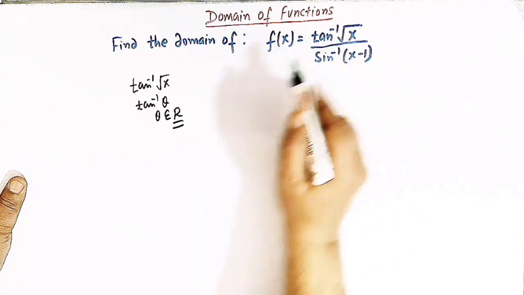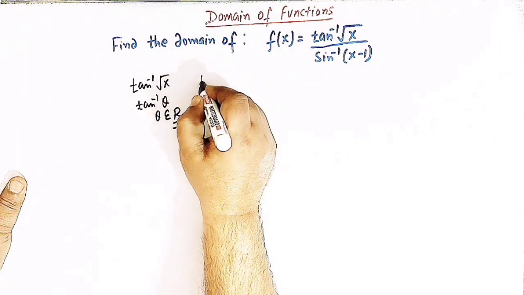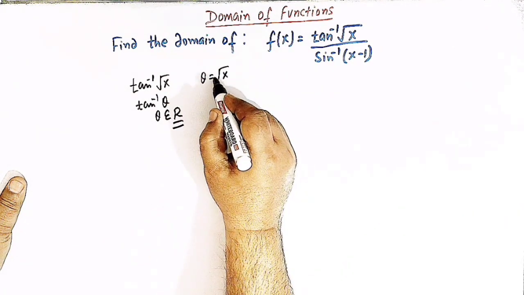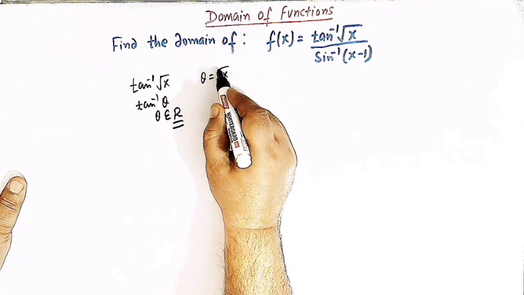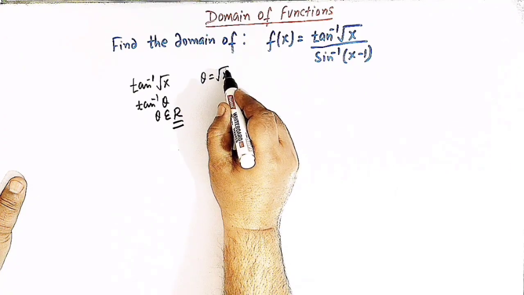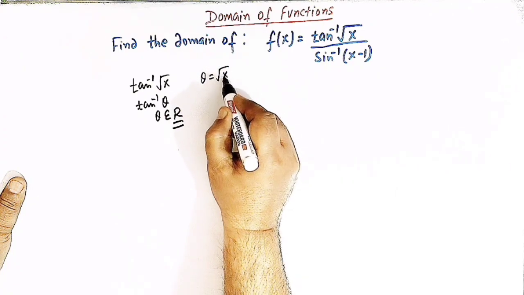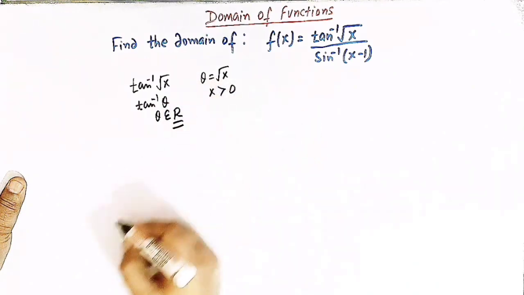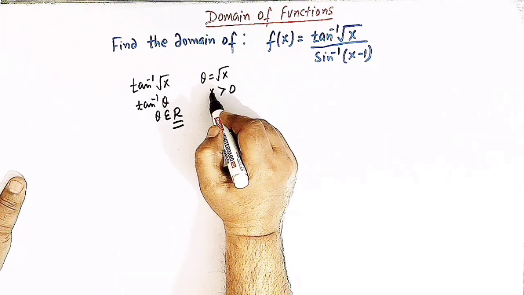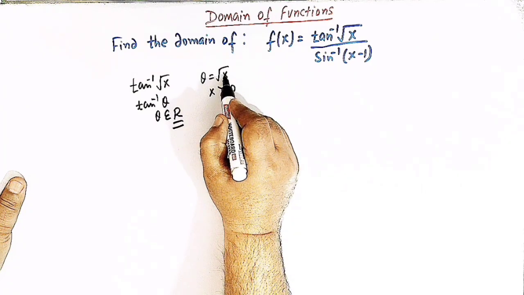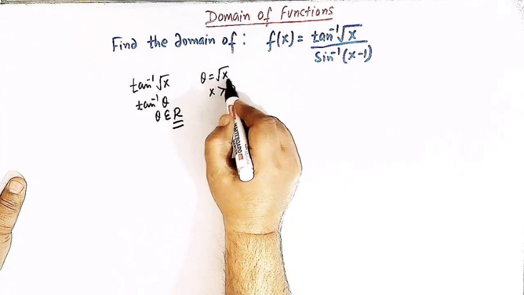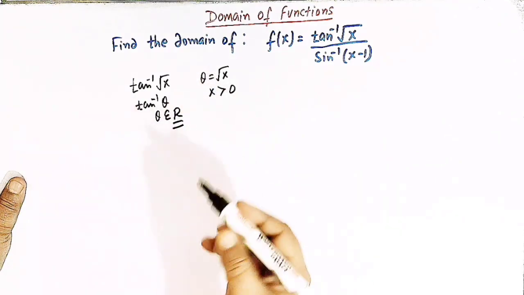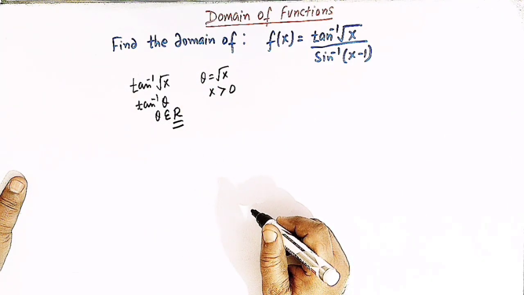Now here, for theta we have square root of x. Since we have the square root of x, this quantity x has to be greater than or equal to 0, because x cannot be negative here. When we have a negative quantity inside the square root sign, we have a complex number.